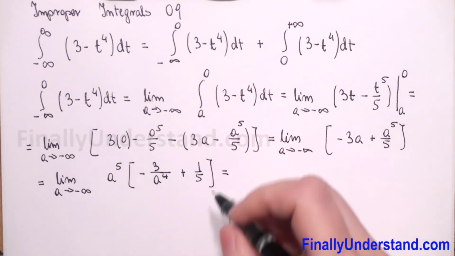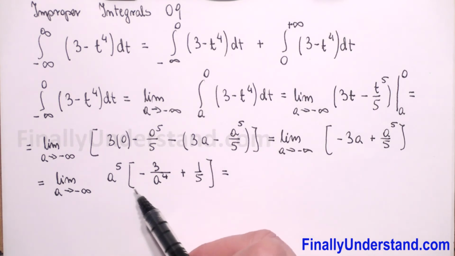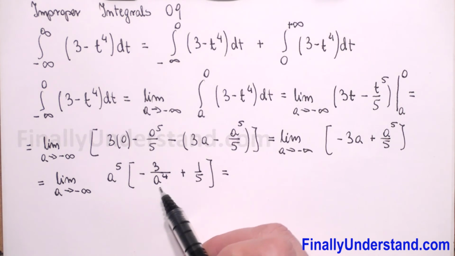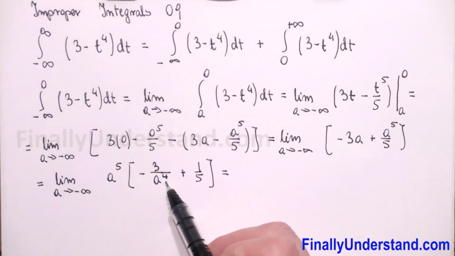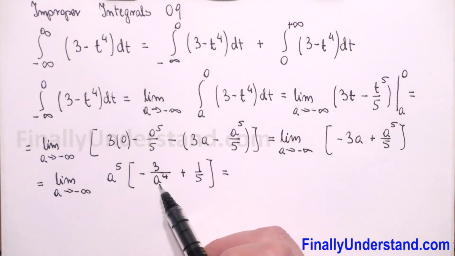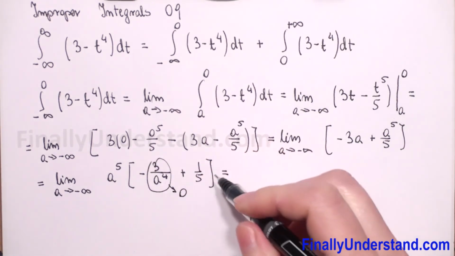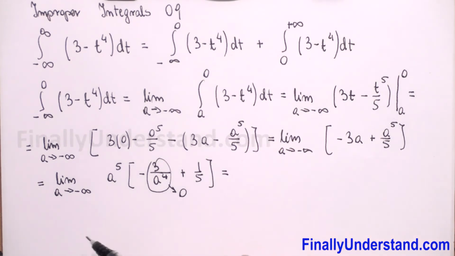So in parentheses we will have 3 over a very large number, because a goes to negative infinity. To the 4th power it will be a positive, very large number in the denominator. 3 divided by a very large number means this whole term goes to 0, and 0 plus 1 over 5 is 1 over 5.